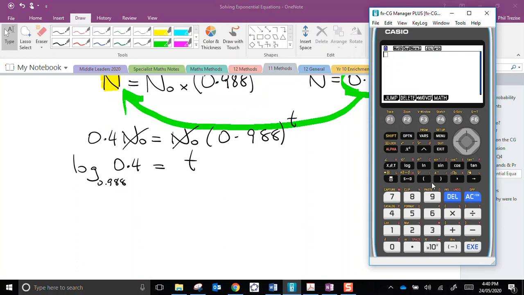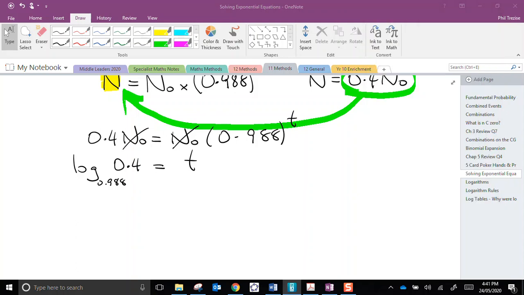Here I go. Remember the maths key. Base of 0.988 and the number is 0.4. 75.9, let's say, or we can go a bit more than that. T equals 75.9. Sounds good.